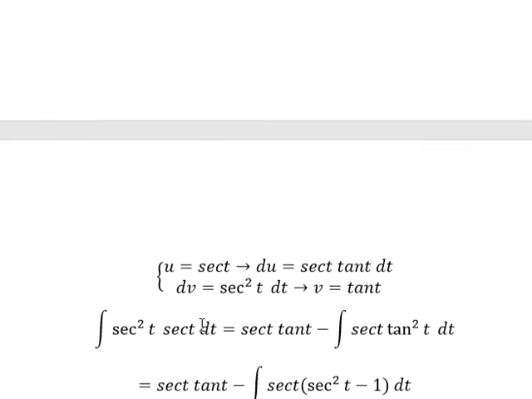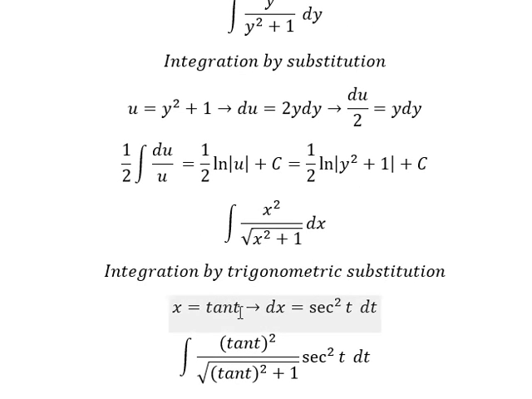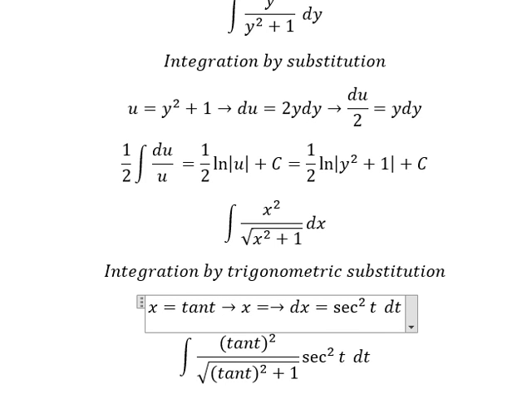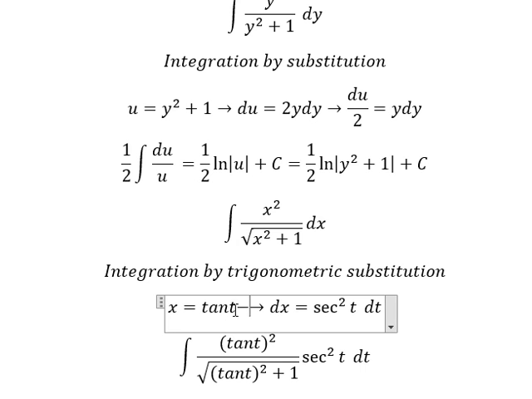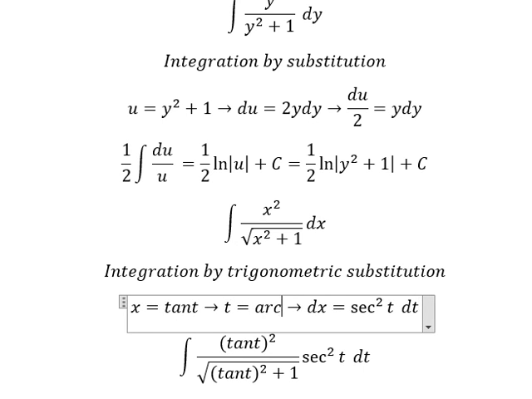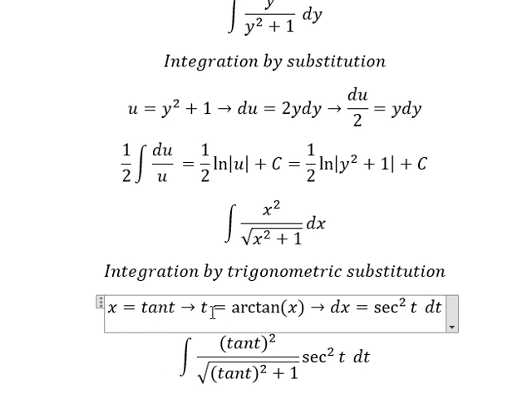About t, that is about this one. So we got about x equal to tan t, so t equal to arctan of x. So we need to change t into arctan of x.